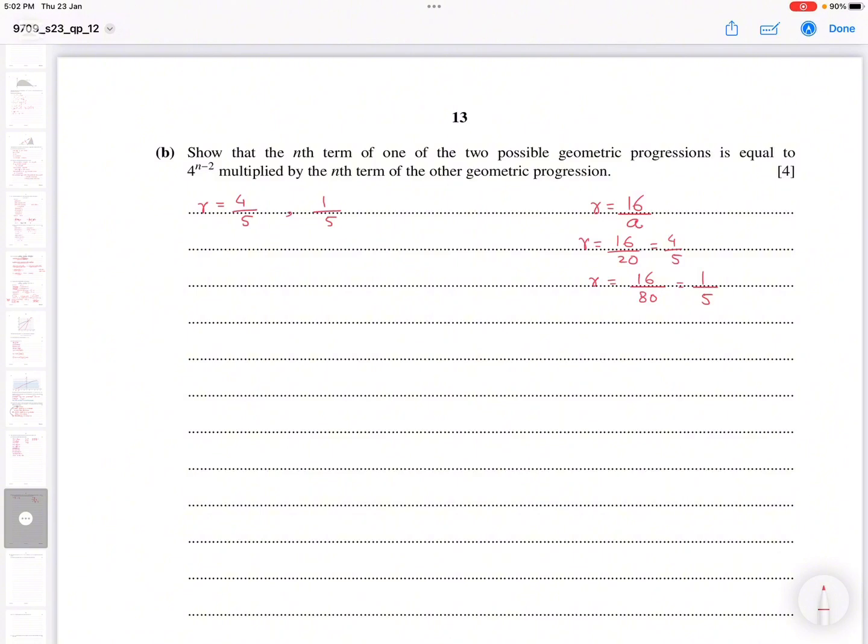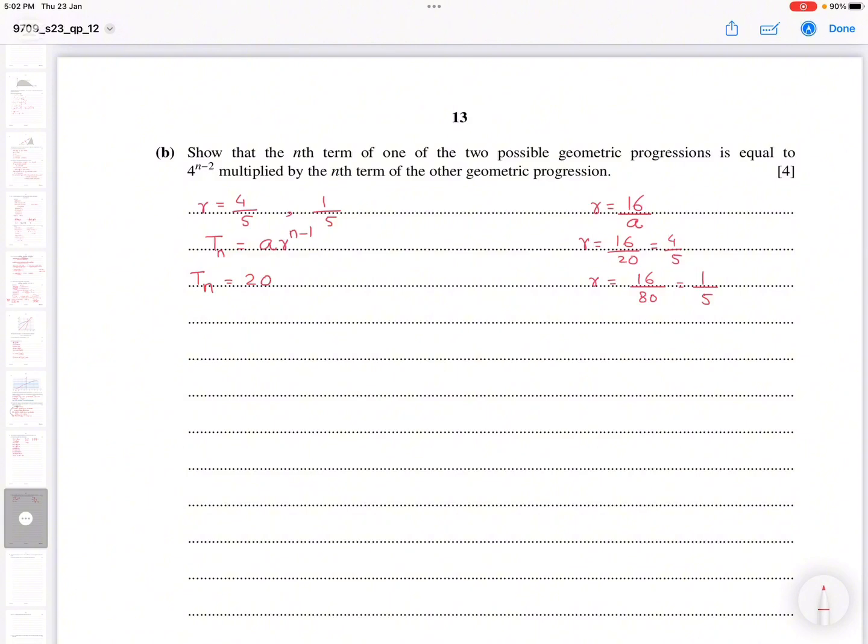So we know that the nth term for a geometric progression is a r power n minus 1. So first we will try 20.